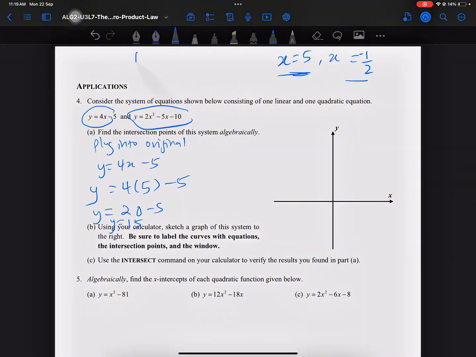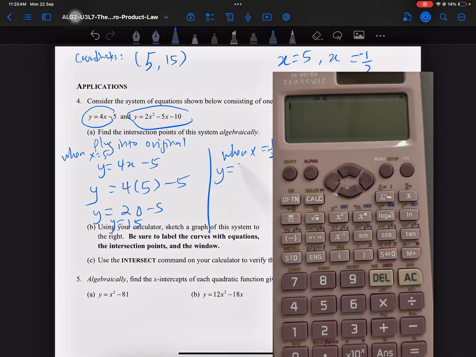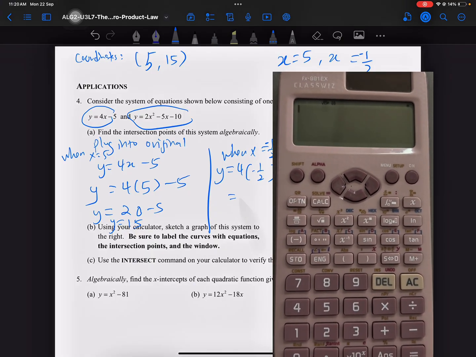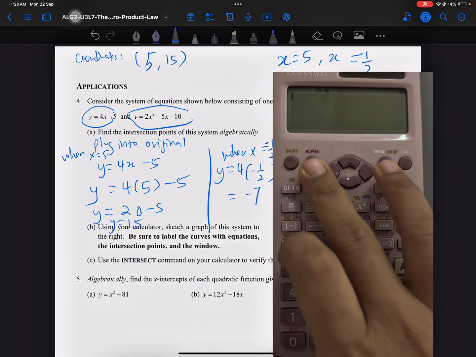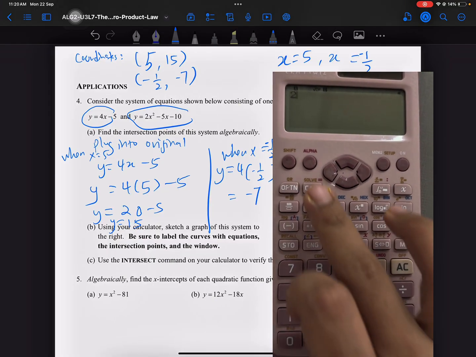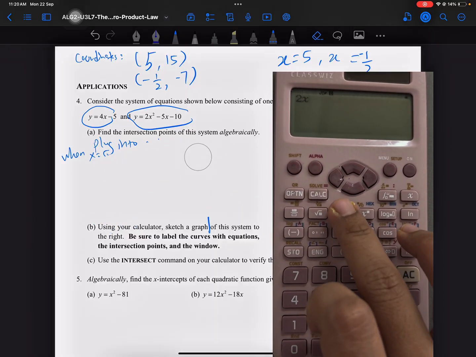So when x is 5, the coordinates are x 5, y 15. The other one, when x is negative half, y is 4 times negative half minus 5, which is negative 7. So the other one is negative half, negative 7. So these are your two intersection points.